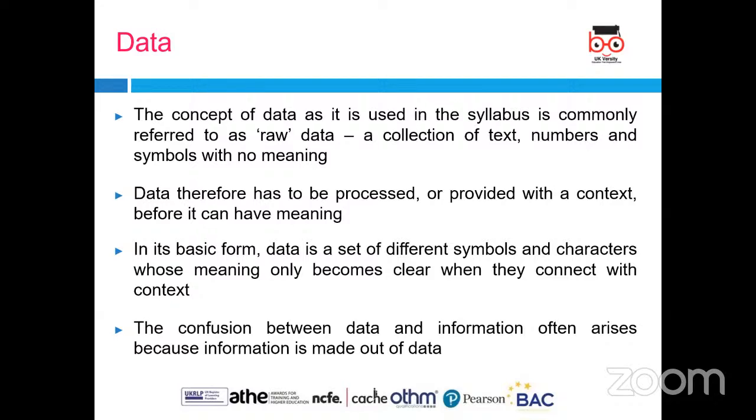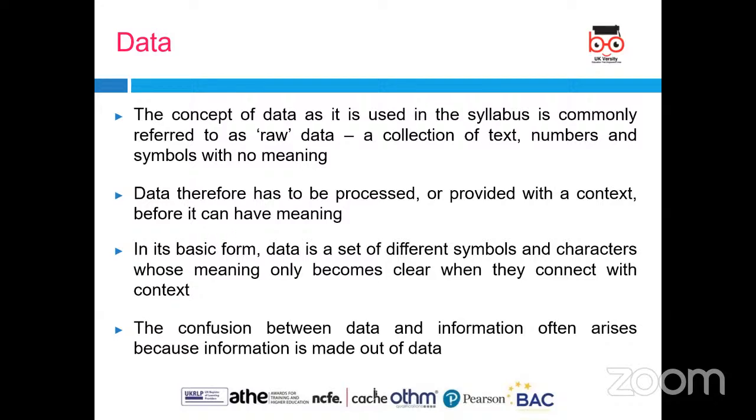Raw data is a collection of text, numbers, and symbols with no meaning. We are gathering loads of information which is unstructured. Data therefore has to be processed or provided with a context before it can be meaningful.